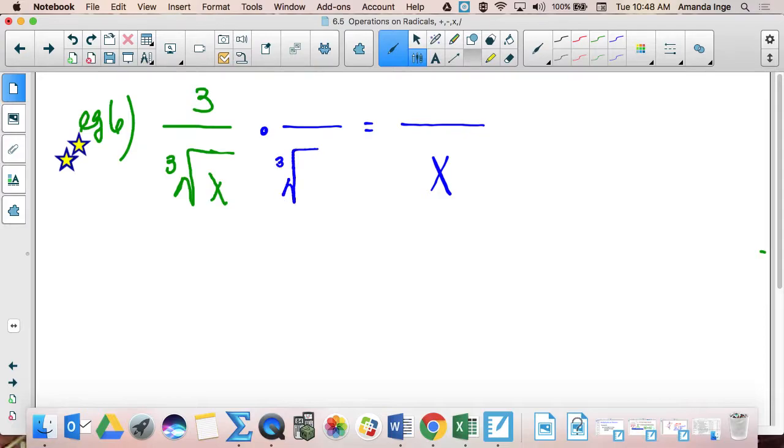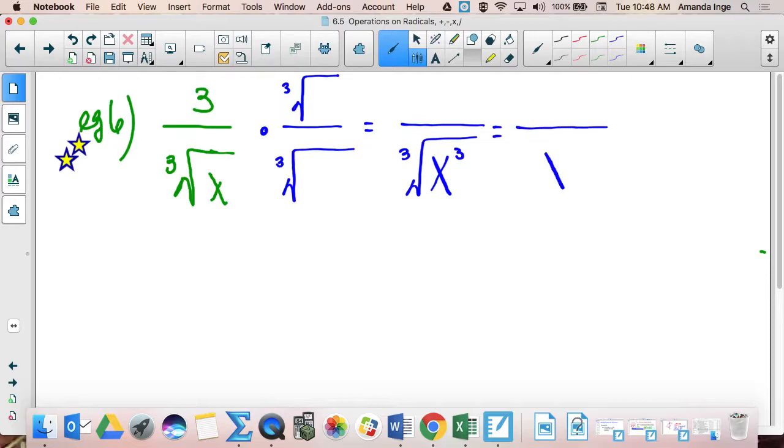So my question to you is, how many x's do you need underneath this radical sign? How many? 3. Well, you need 3 under this radical sign, right?